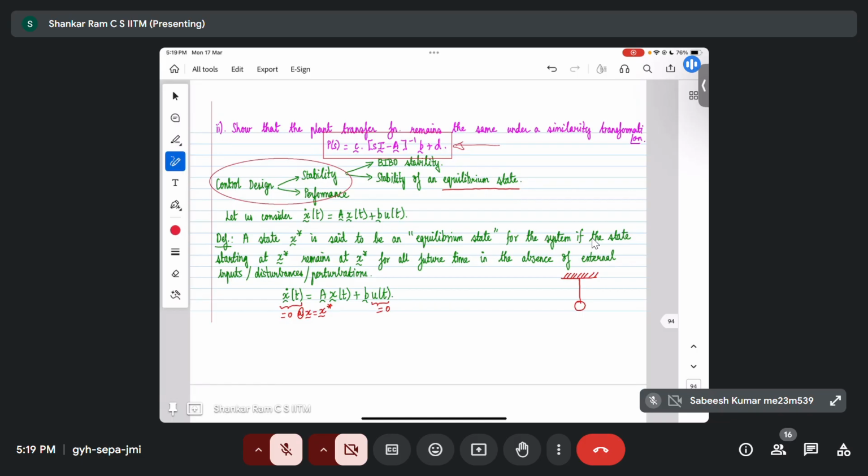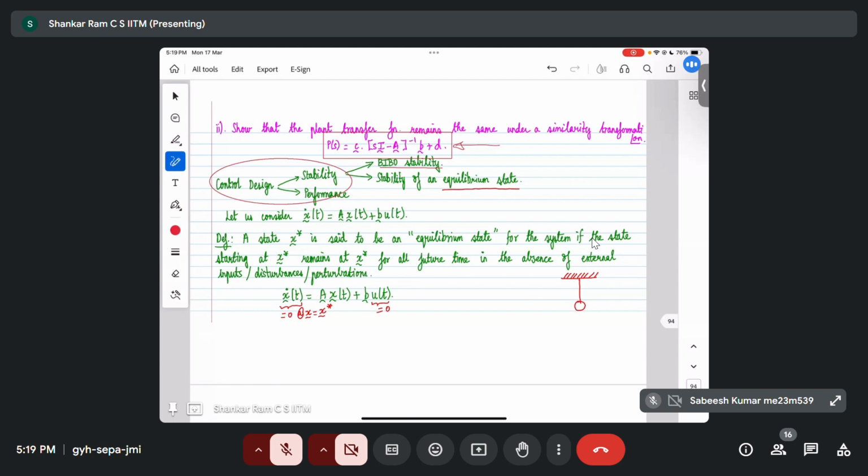In terms of stability, we have already looked at this notion of BIBO stability. So what was the criterion for BIBO stability? The poles of the system transfer function should lie in the left half of the complex plane. So that is the condition for BIBO stability.